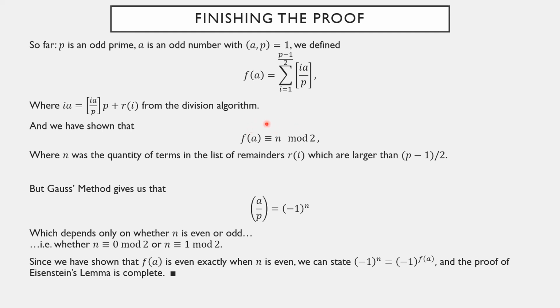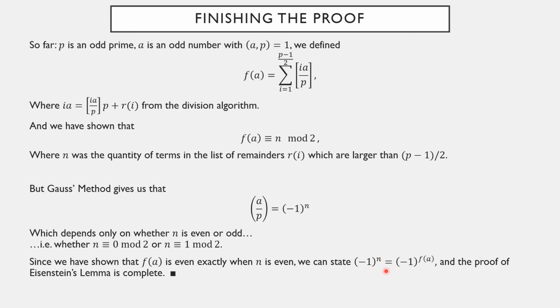So either they're both even, they're both equivalent to 0, or they're both odd, they're both equivalent to 1 modulo 2. So f of a isn't necessarily equal to n, but -1 to the n will be equal to -1 to the f of a, because either both exponents are even or both are odd. Even if they're different numbers, they're either both even or both odd.